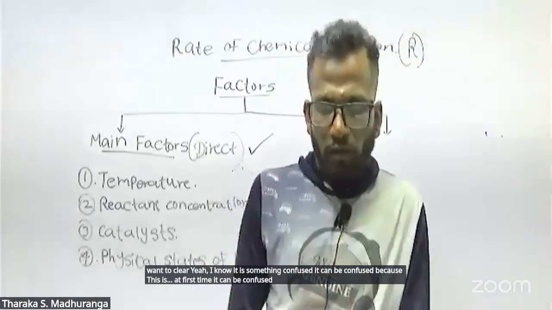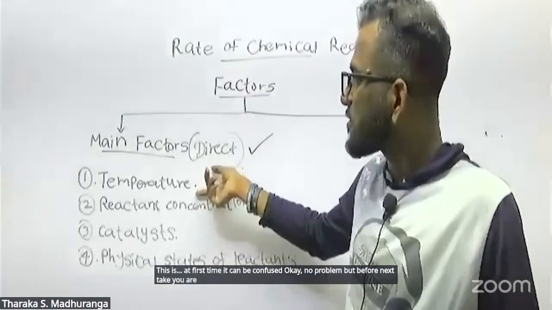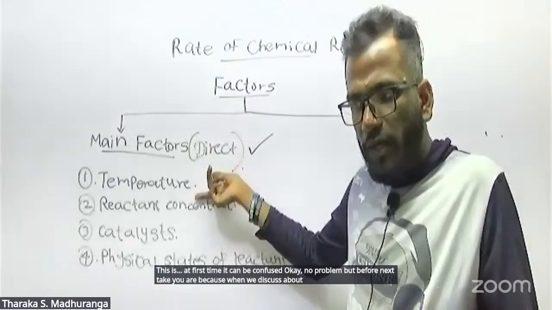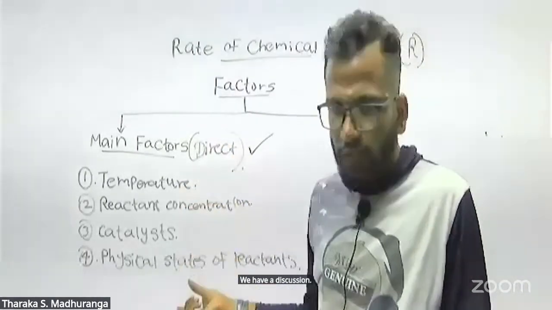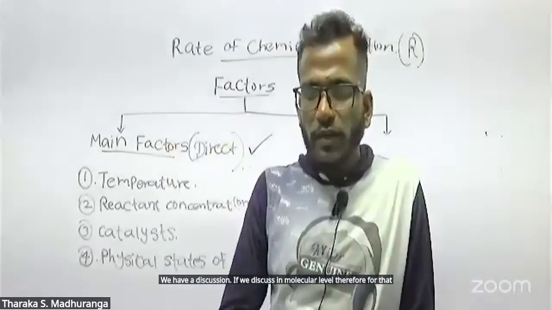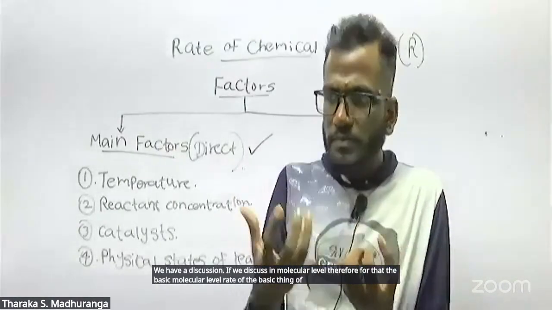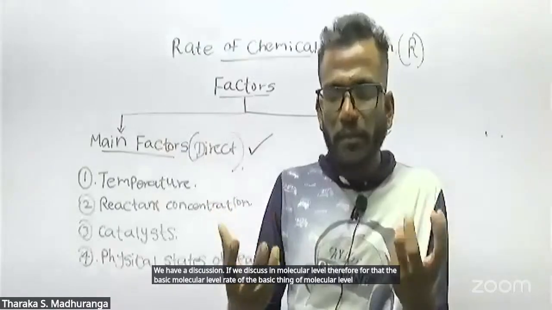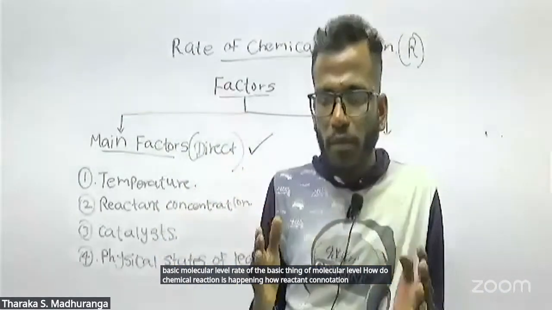Okay, no problem. But before next week, when we discuss how temperature affects the rate of chemical reaction at the molecular level, we have to discuss every factor at the molecular level. Therefore, the basic thing of the molecular level, how a chemical reaction happens and how reactants convert to products, is important.